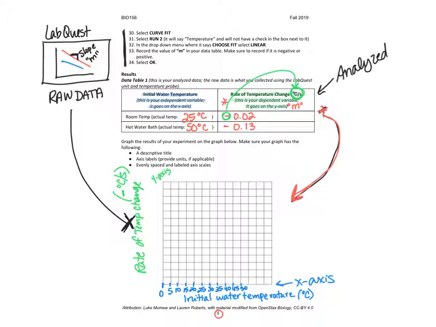All right. For the dependent variable, I need to be able to get from 0.02 to 0.13, or I can just see this as going from 2 to 13. So in this case, I think I can go up by 0.01.